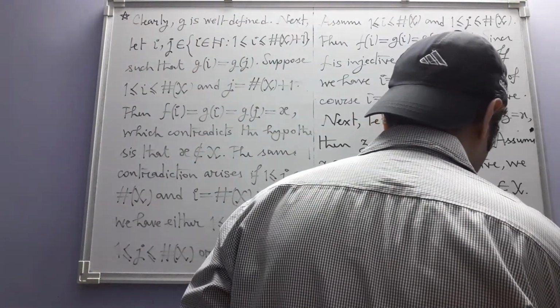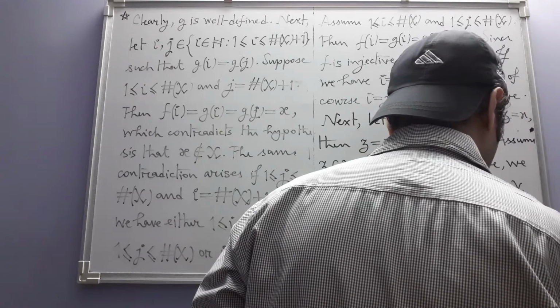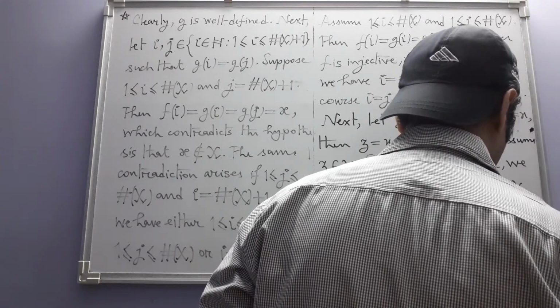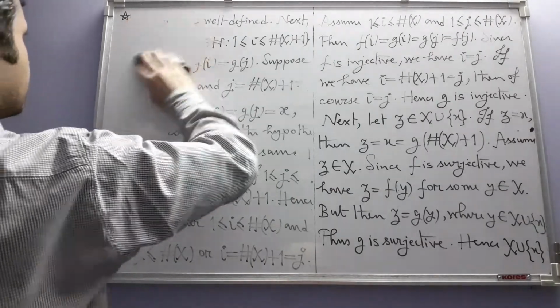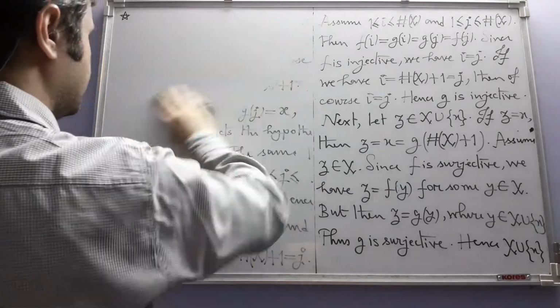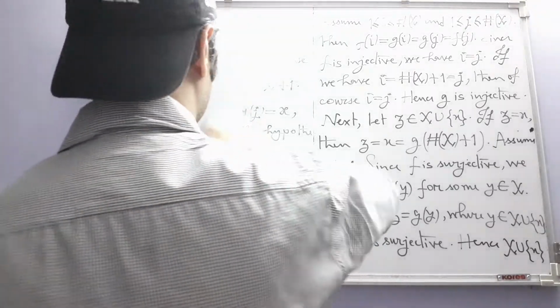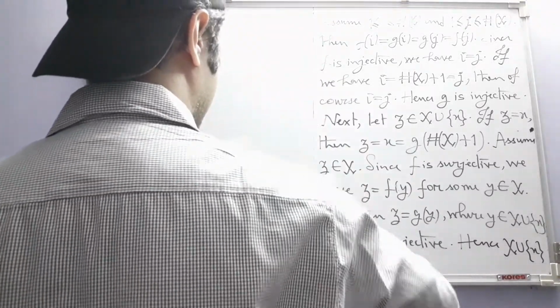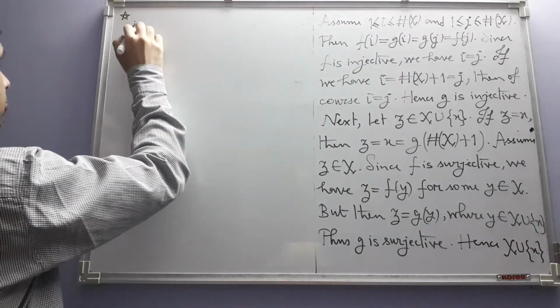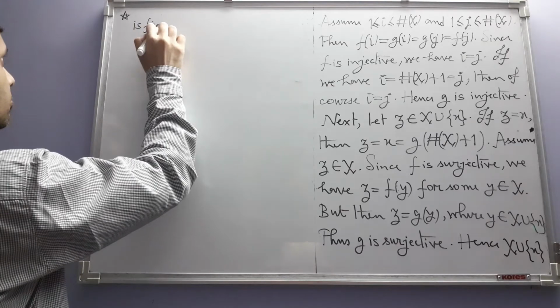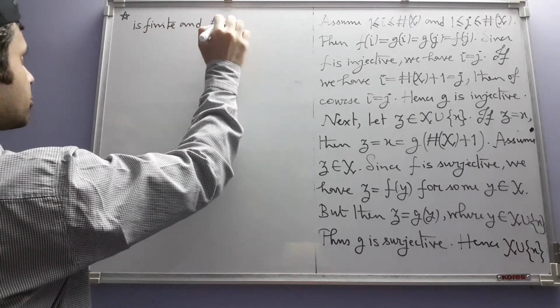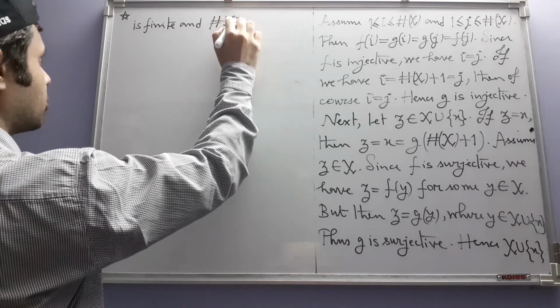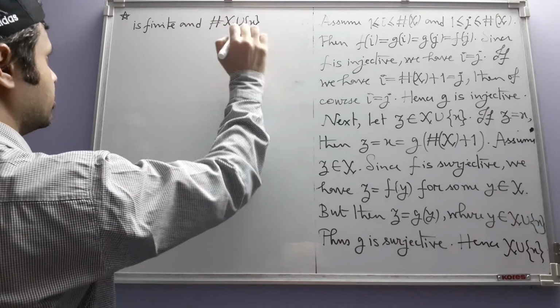Hence, x union singleton set x is finite, and we also have that formula for its cardinality.